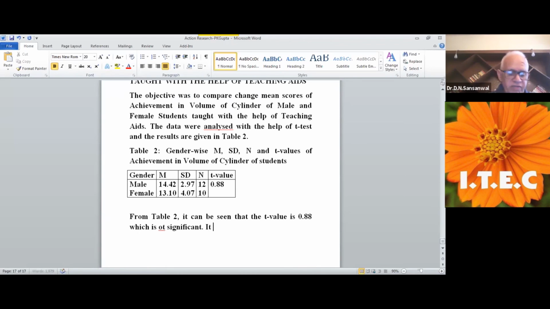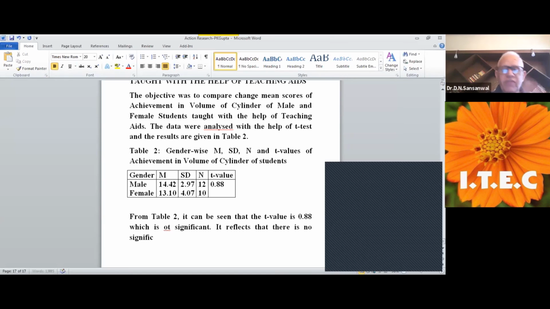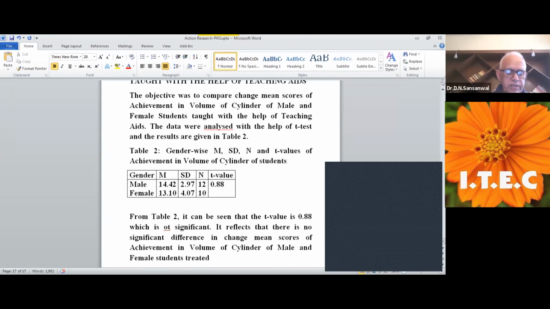It reflects that there is no significant difference in mean scores of achievement in volume of cylinder of male and female students treated with the help of teaching aids.